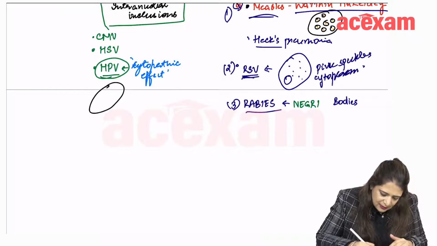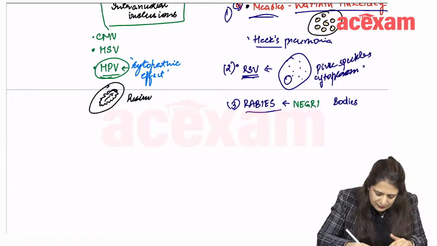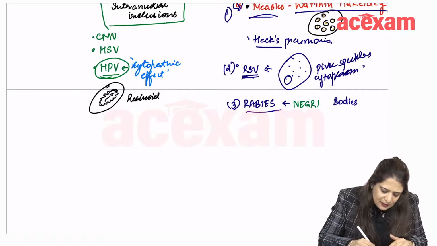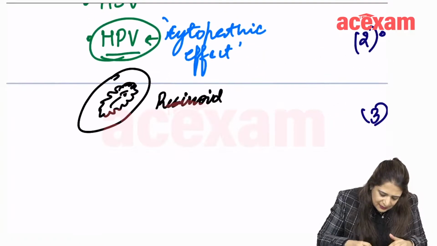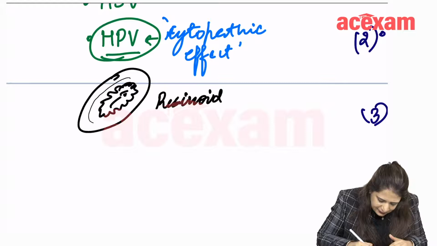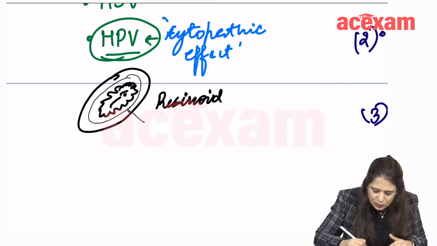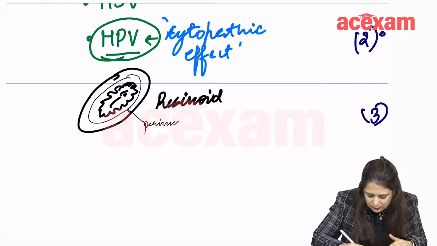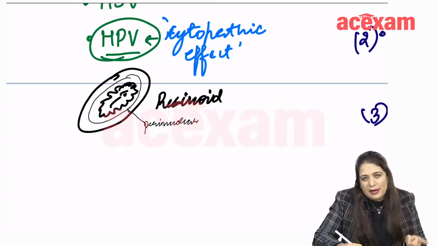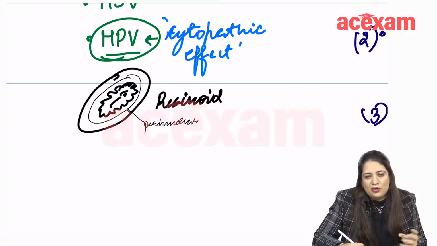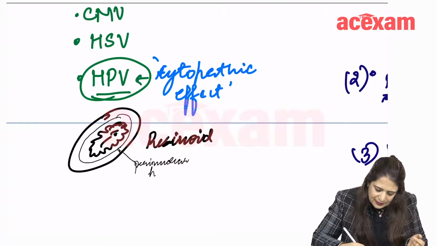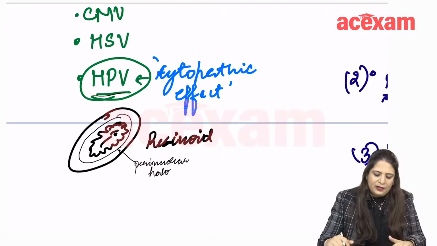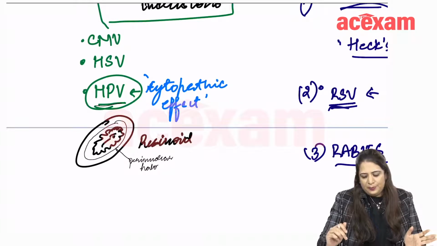You see a cell with its nuclear membrane showing wrinkling, sometimes giving it a raisinoid appearance, and around this nucleus there is a perinuclear halo. So a cell with wrinkling of its nucleus surrounded by a clear halo due to margination of the cell's cytoplasm. That is the characteristic cytopathic effect of HPV infection.